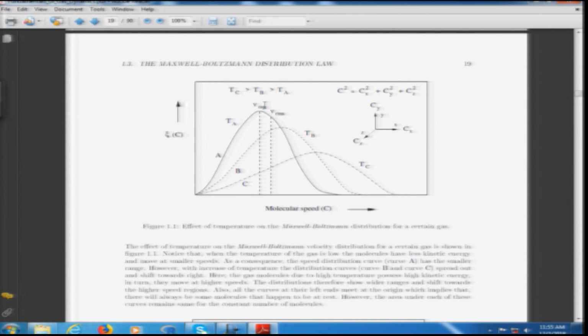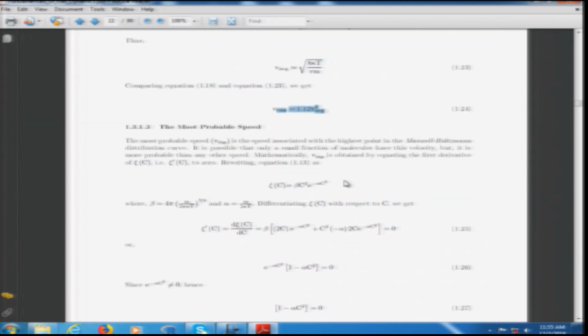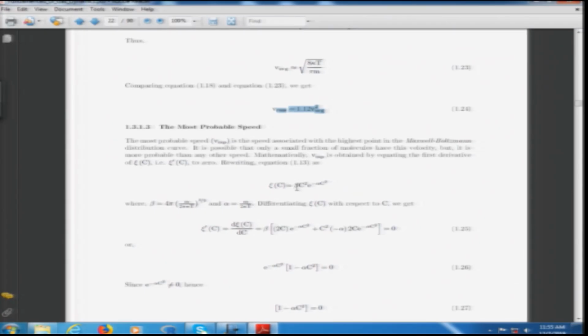Since we are aware of the distribution function, we can denote the full xi, that is the complete expression, in this form: beta c square e to the power minus alpha c square, where alpha and beta are constants. They are given as beta is equal to 4 pi, m by 2 pi kappa T to the power 3 by 2, and alpha is equal to m by 2 kT.